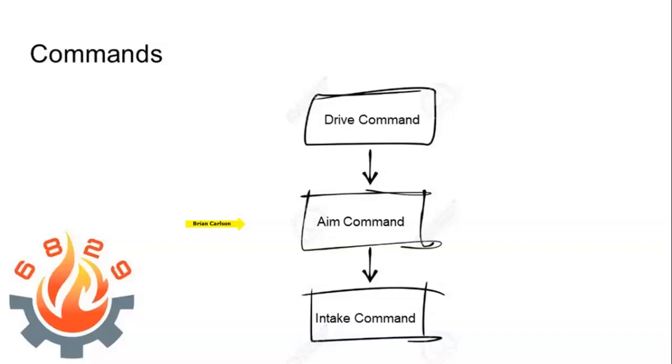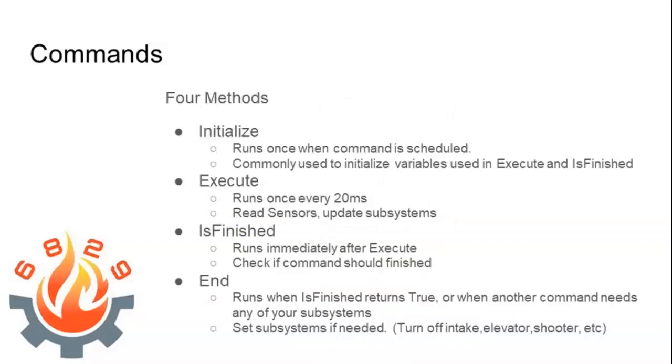All right. So I now have commands and I have subsystems. And in commands, there are 4 important things we need to have: initialize, execute, is finished, end. Just memorize these 4.